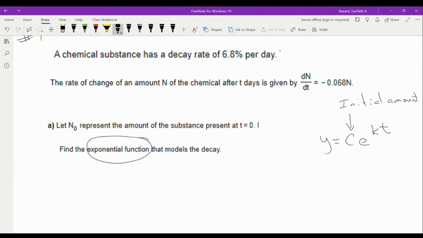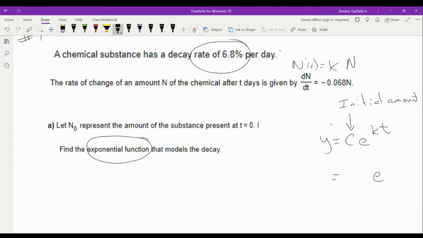No, that's the decay rate. So that's k, right? And remember, once again, this is k times n, so n prime of t. So the decay rate is 6.8%. So we have that.